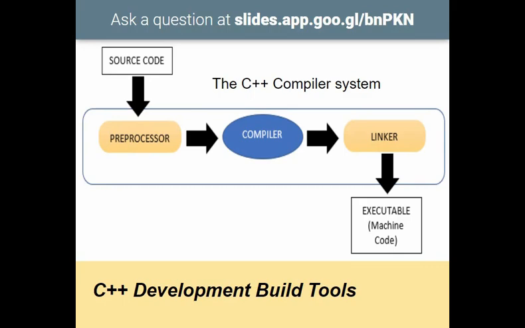Programmers can run the compilation process with a single command, typically a single button press. So if you're using a mobile phone, you just have to tap, of course, and on my side, I'm using my mouse.